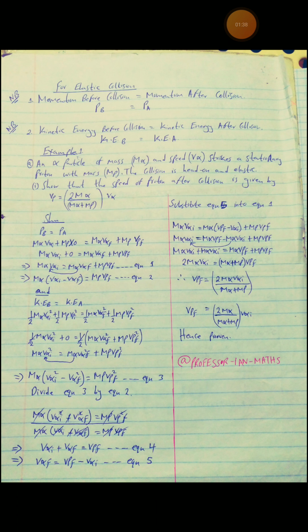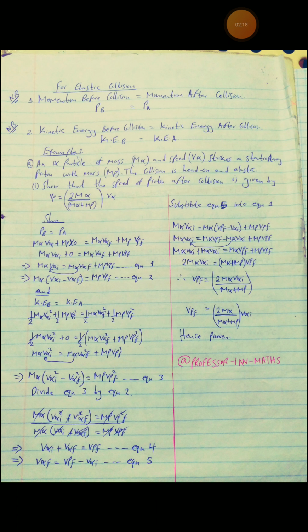Therefore, momentum before collision is equal to the mass of the alpha particle multiplied by the initial velocity of the alpha particle plus the mass of the proton multiplied by the initial velocity of the proton, which is equal to the momentum after collision. Now, since the proton is stationary, its initial velocity is 0, therefore the momentum before collision for the proton is 0.